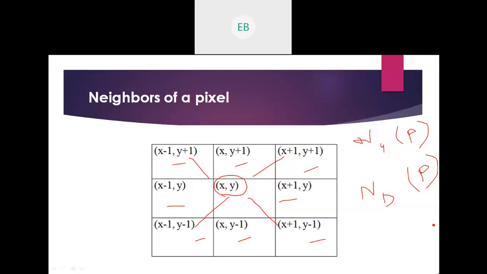Yes, so this is known as N8 of p. So here we have three concepts now: N4(p), ND(p) and N8(p). So this is all about the neighbors of a pixel, that is 4 neighbors, diagonal neighbors and 8 neighbors. I'll discuss this again, so just remember these three concepts. Here p is my reference pixel, that is (x, y), the center pixel.